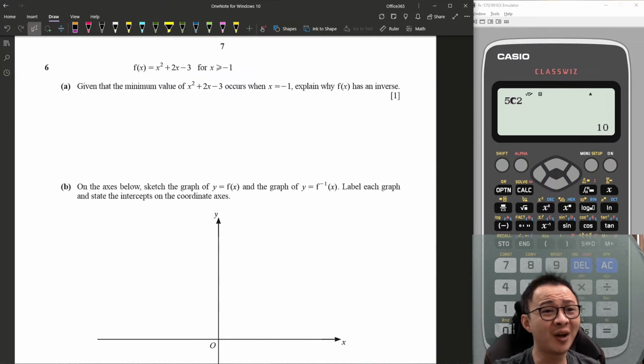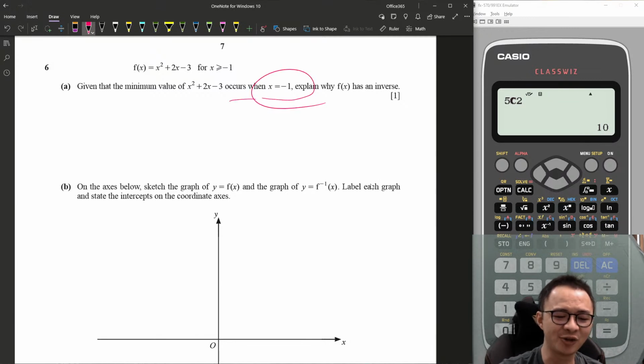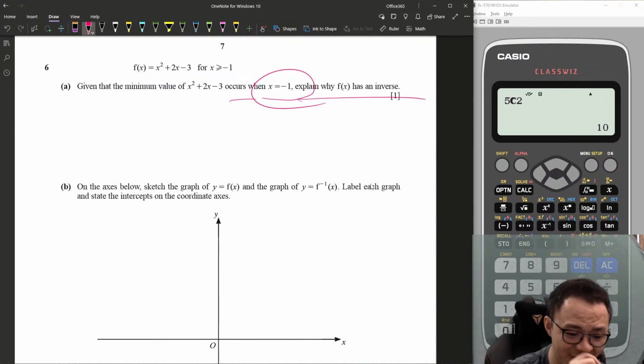For a quadratic equation, we want to find the minimum, there are two ways. We can do completing the square, or we can do dy dx. But right now, they say it occurs when x is equal to -1, explain why f(x) has an inverse. Okay, this is a little bit tricky.